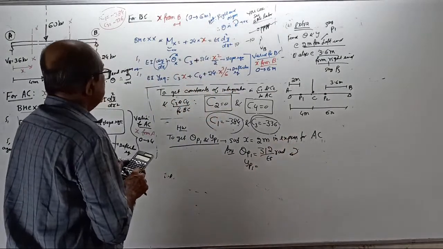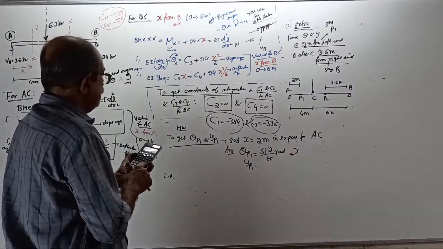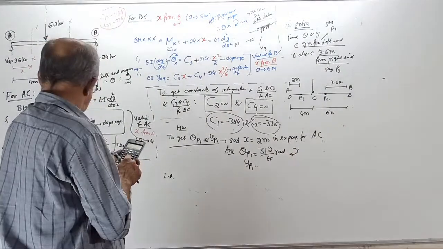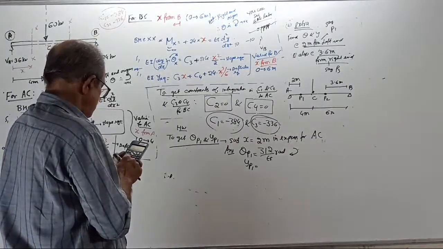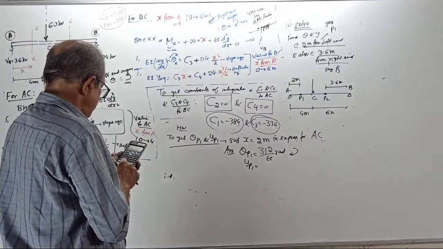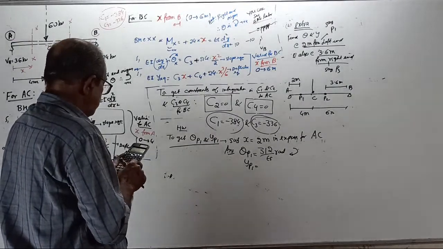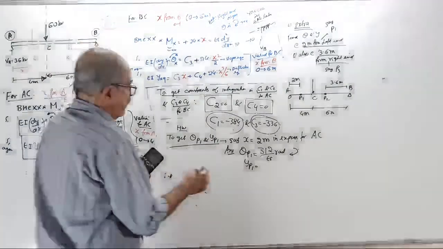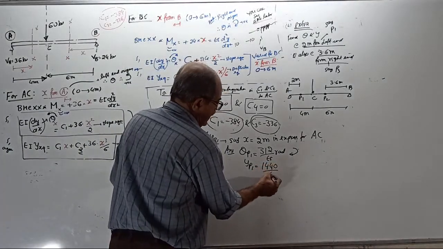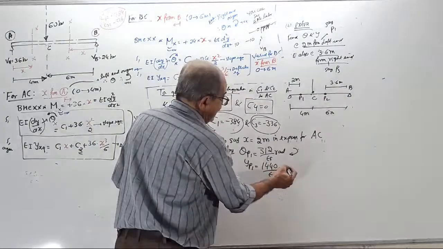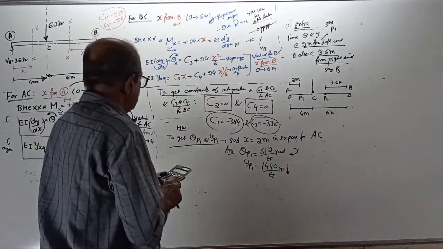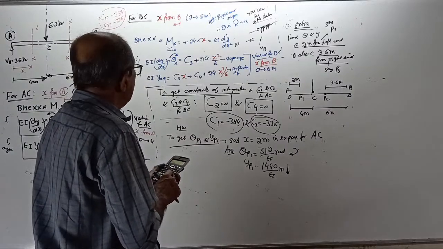Deflection at P1 will come, any answer? C1 minus 384 plus 0 into 4 plus 36 into 4 cube divided by 6. 1440 by EI meter down will come. I got a doubt. No. It is not 1440. Where is C1 value?